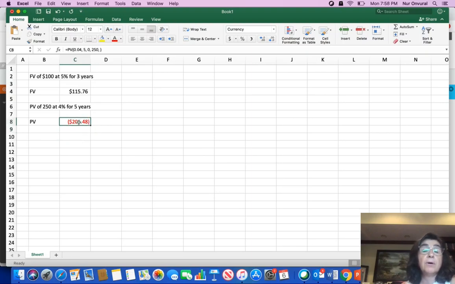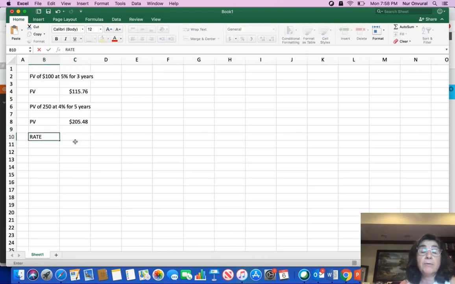You could place a negative sign before the present value function to get rid of that negative sign, and then that will calculate the present value as $205.48 for you.